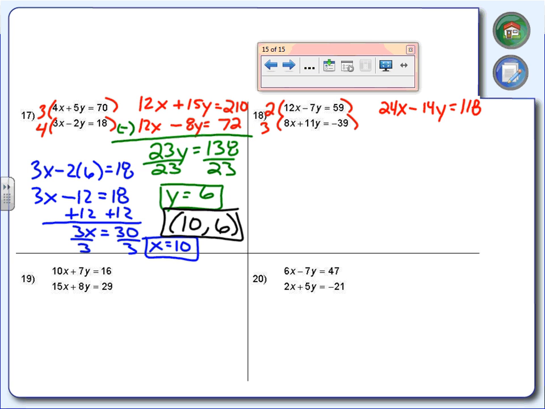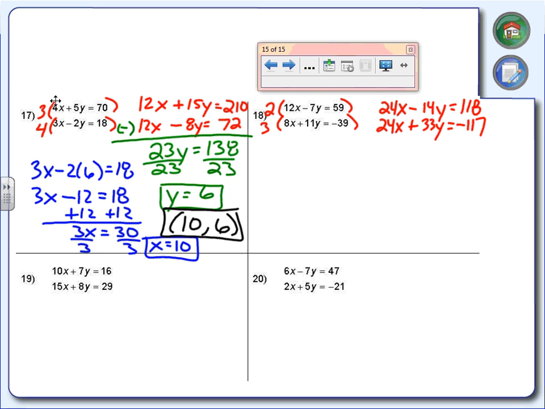Second equation, we're going to multiply it with a 3. So 3 times 8x is 24x. 3 times 11y is actually a positive 33y. And 3 times a negative 39 is a negative 117.